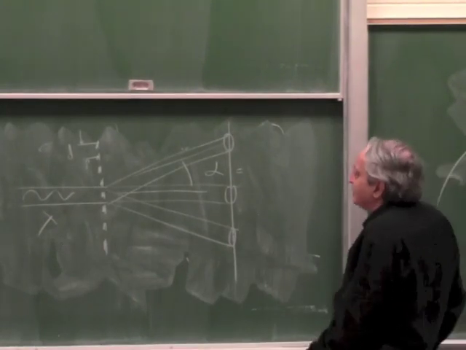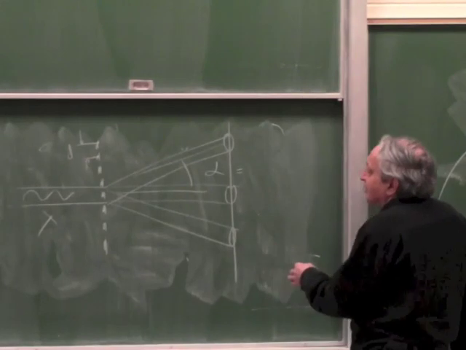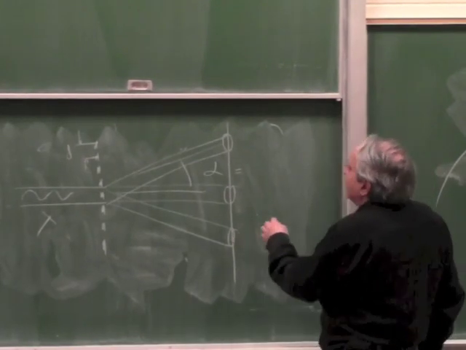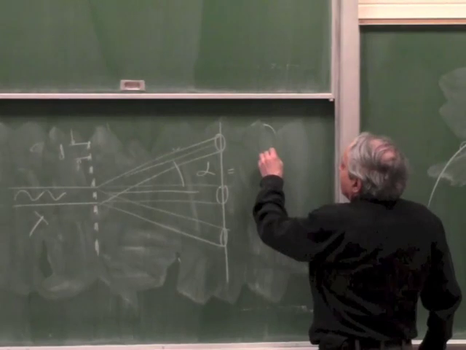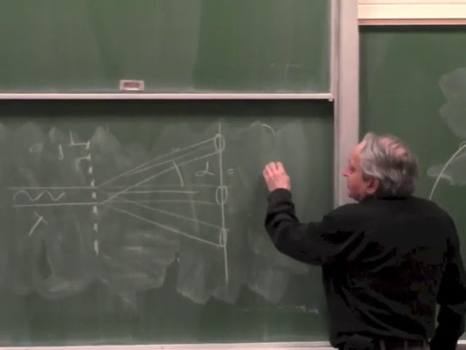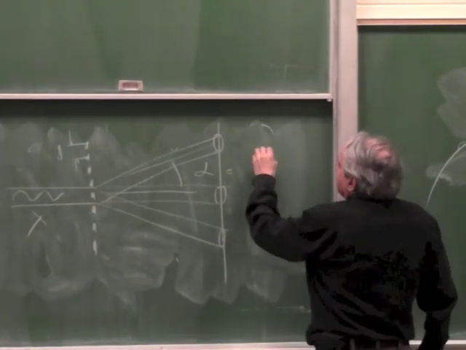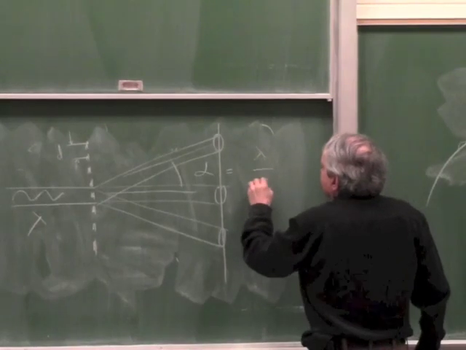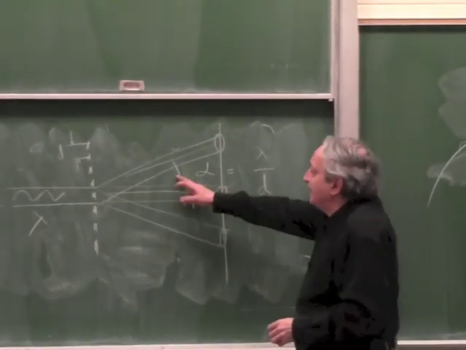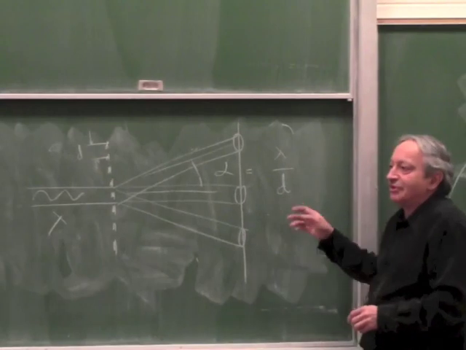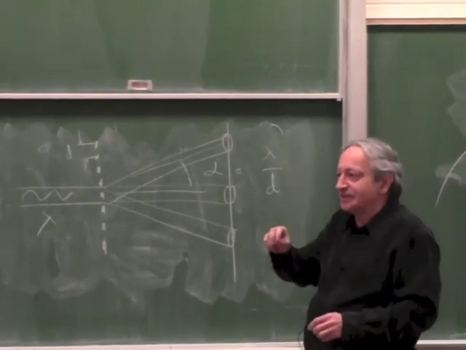Anyway, it turns out you can prove in a few seconds that alpha is lambda over D. Actually it's sine alpha: sine alpha is lambda over D, but for small angles, the sine of the angle and the angle are the same.